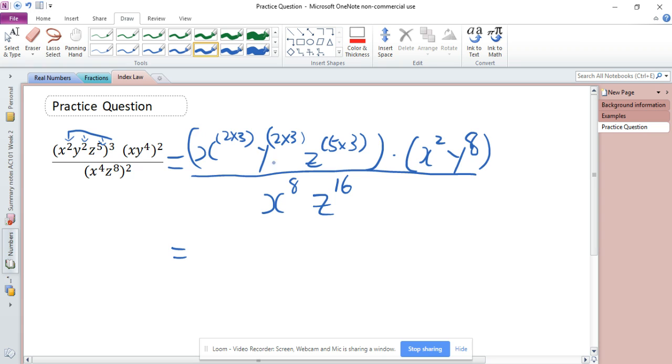I finish this part first. So simplify it: x to the 6, y to the 6, z to the 15.